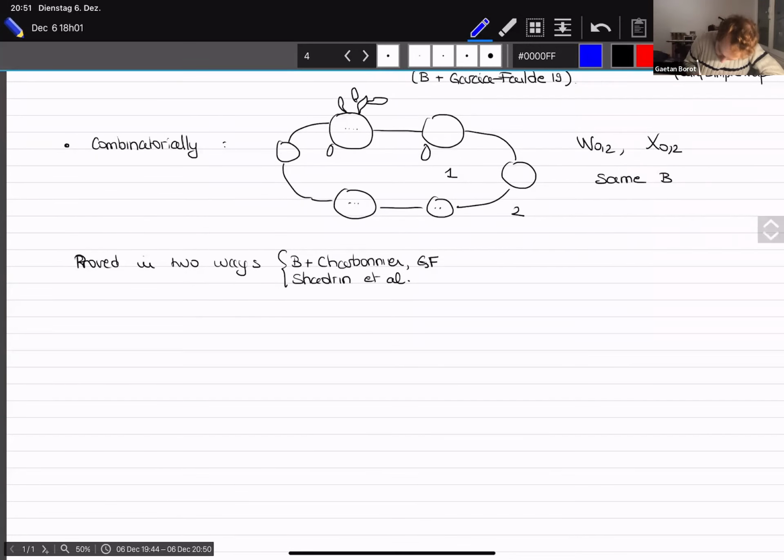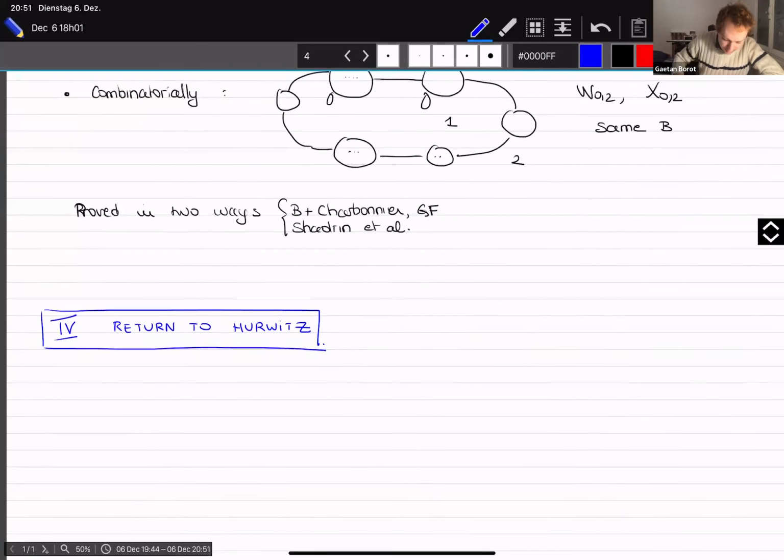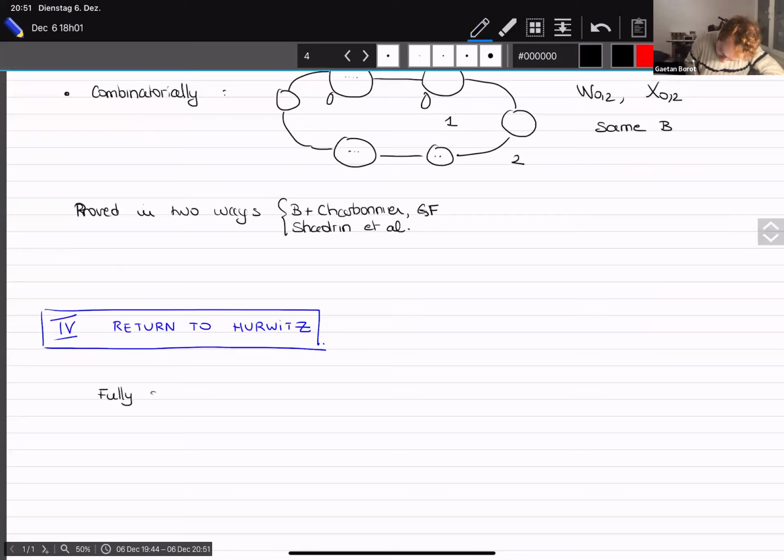So I just want to close a bit the circle. I want to return to Hurwitz. Because in fact, maybe I can write things like this: fully simple maps with some boundary length, which I encode in a partition lambda.